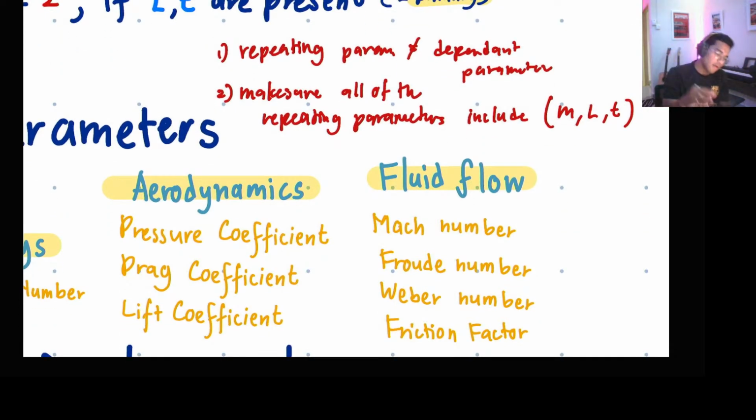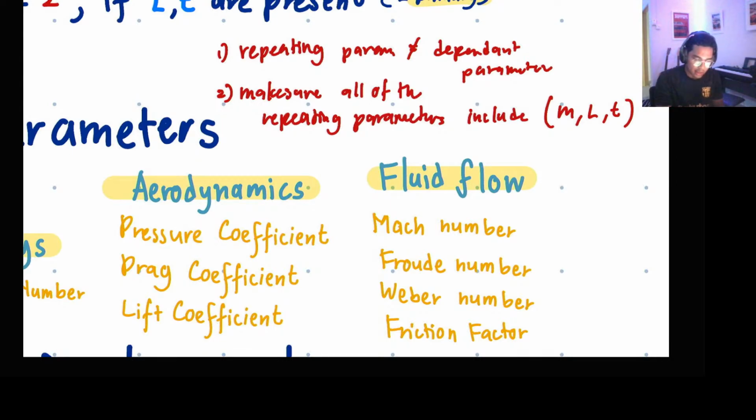You cannot have 3 repeating parameters that only have L or T. Make sure that all of them, collectively, they have MLT.